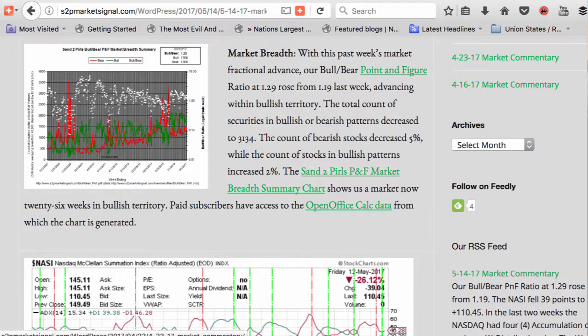The total count of securities in bullish or bearish patterns decreased to 3,134. The count of bearish stocks decreased 5%, while the count of stocks in bullish patterns increased 2%. The Pirls P&F Market Breadth Summary chart shows us a market now 26 weeks in bullish territory.